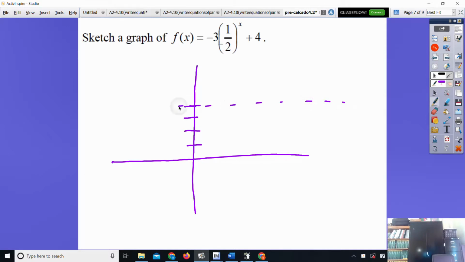And that takes everything and shifts it up 4. Without the plus 4, we know we would contain the point 0, -3, right? But what do you have to do with it? You have to add 4. So now we contain the point 0, 1.